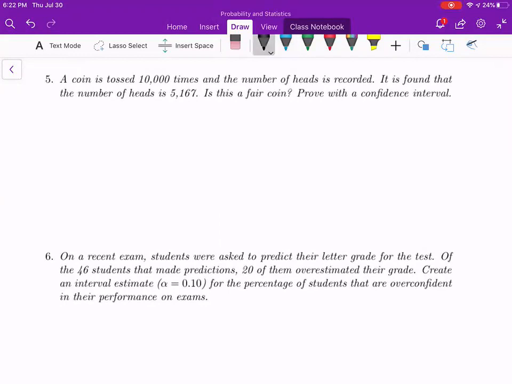Number 5 says that a coin is tossed 10,000 times, and the number of heads is recorded. It is found that the number of heads is 5,167.